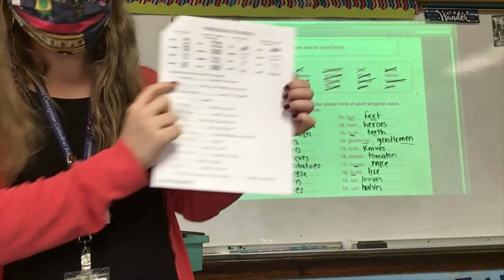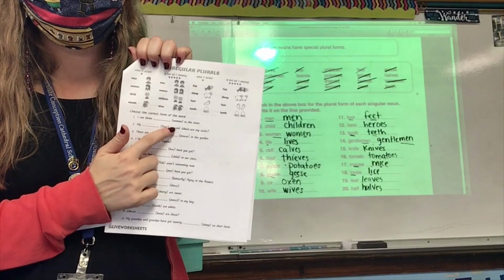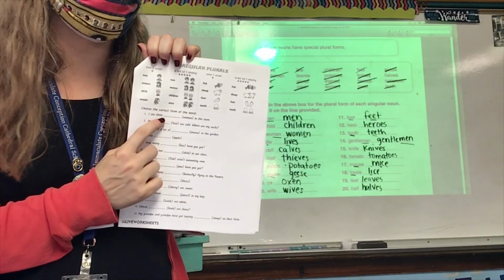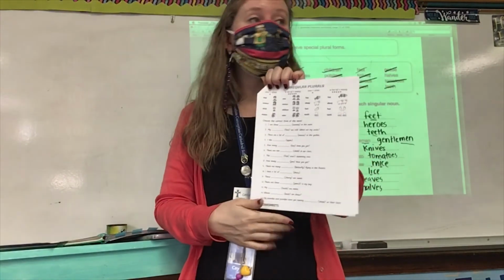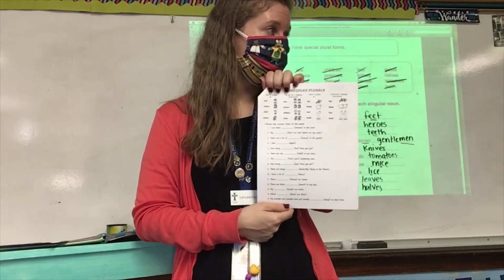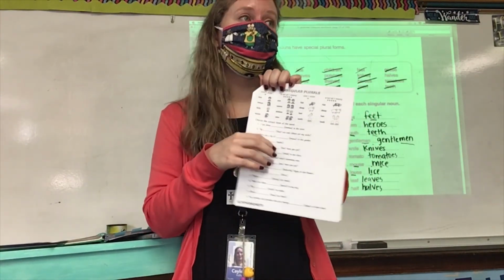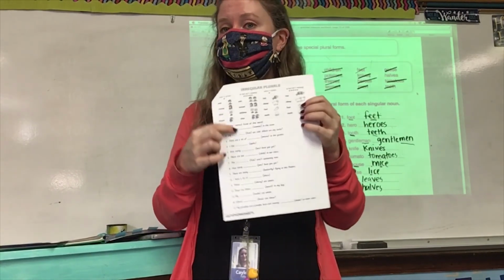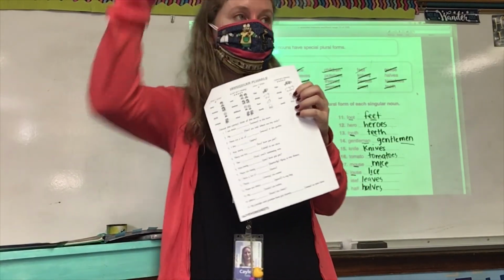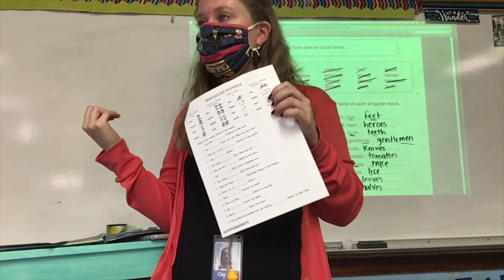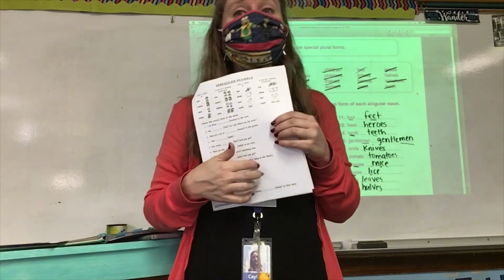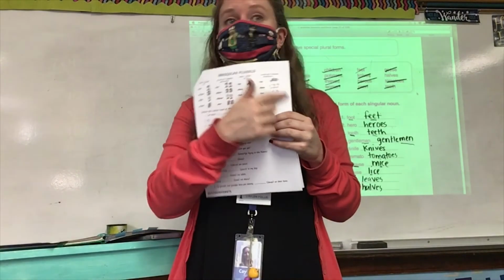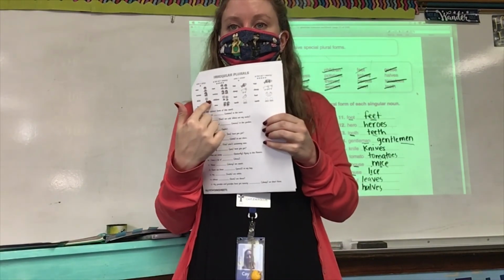So you have to look at these numbers. It gives you the noun to use in parentheses. You have to choose the correct plural form. Some of them are regular plural nouns. Some of them are irregular. So you have to figure out, is this a regular plural noun that follows those rules that we did a few weeks ago or at the beginning of our notes today? Or are they irregular nouns that don't follow a rule or follow completely different?